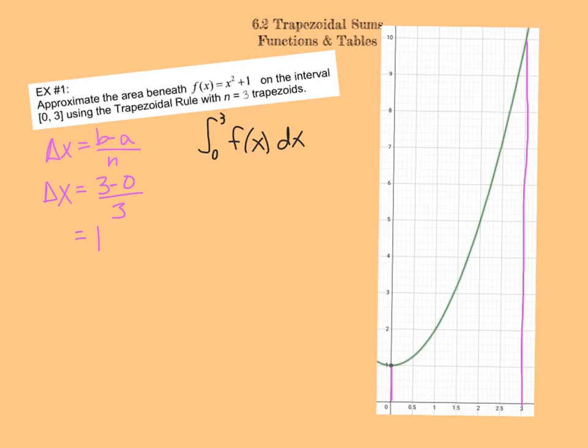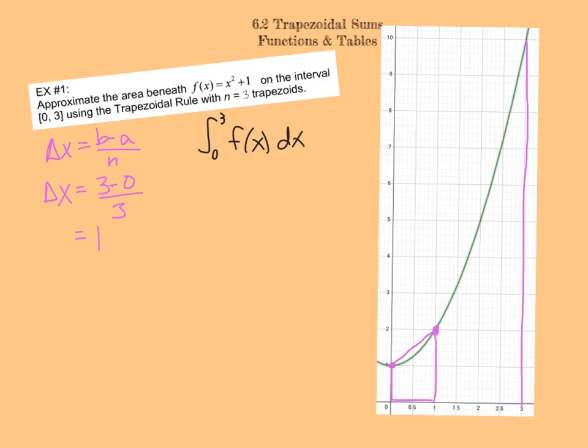But this would be 3 minus 0 over 3, so our delta x would just be 1 here. Okay, so that means that my first trapezoid will connect a length of 1 here, delta x, and these will be the heights. And then I'm going to connect them, not making a rectangle anymore, I'm making a trapezoid. As you can see, this trapezoid is definitely an overestimate of that area, but not by as much as the right Riemann sum would have been.